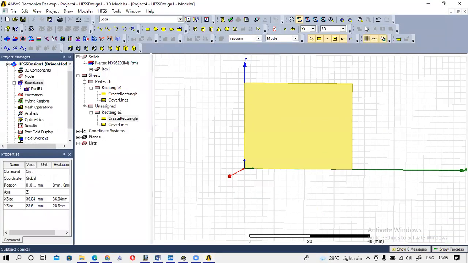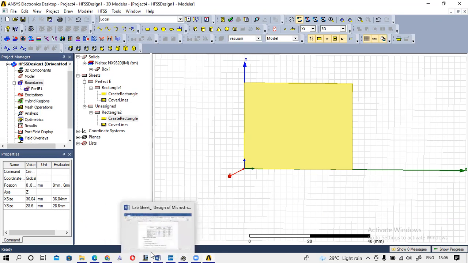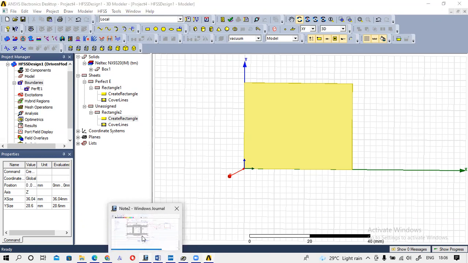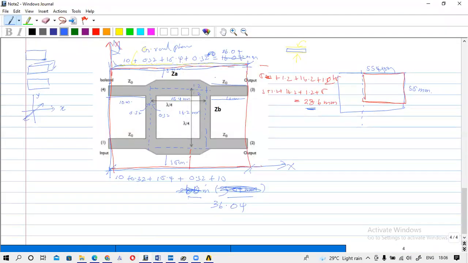Here you can see this command is not highlighted at this moment. There are many commands, such as subtract and unite. We can use this subtract command to get rid of the unnecessary copper parts.